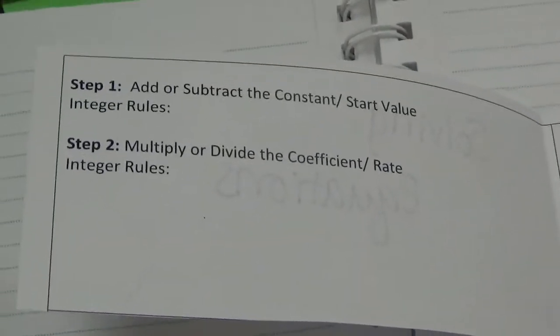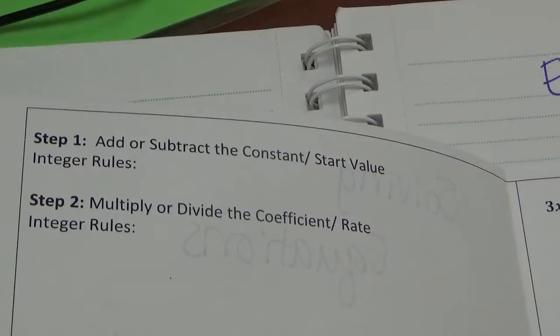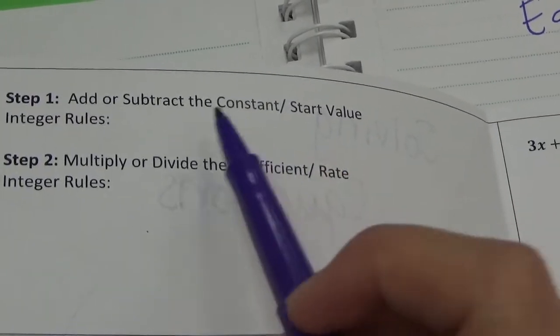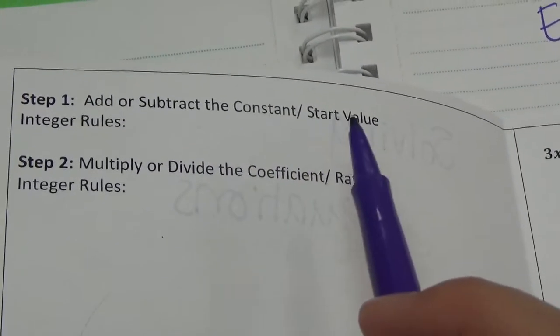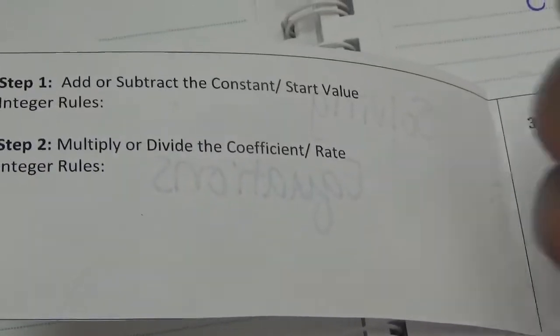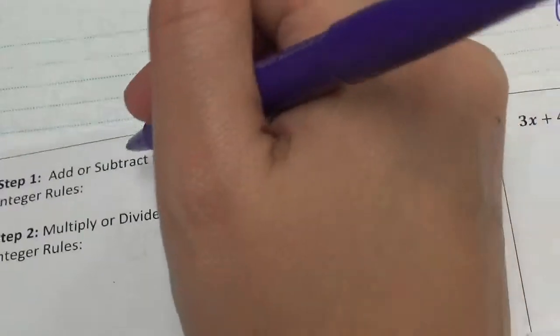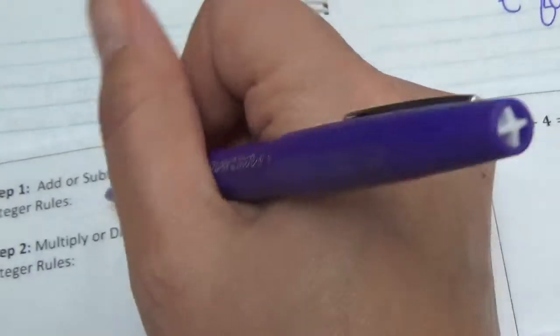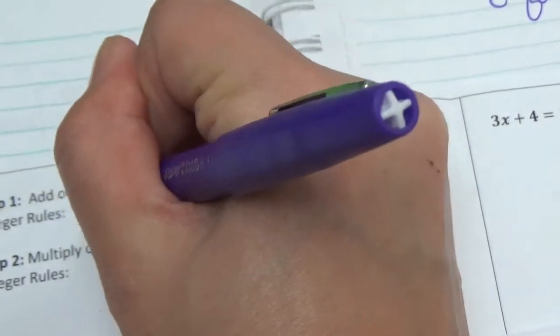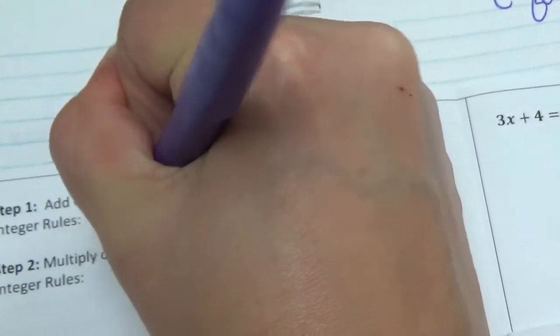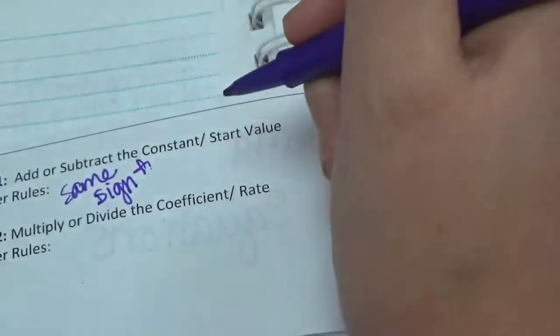For solving equations, step one, so these are two-step equations. We're going to add or subtract the constant or the start value. We need to make sure that we are remembering our integer rules. So for adding and subtracting, if you have the same sign, you need to add them together.